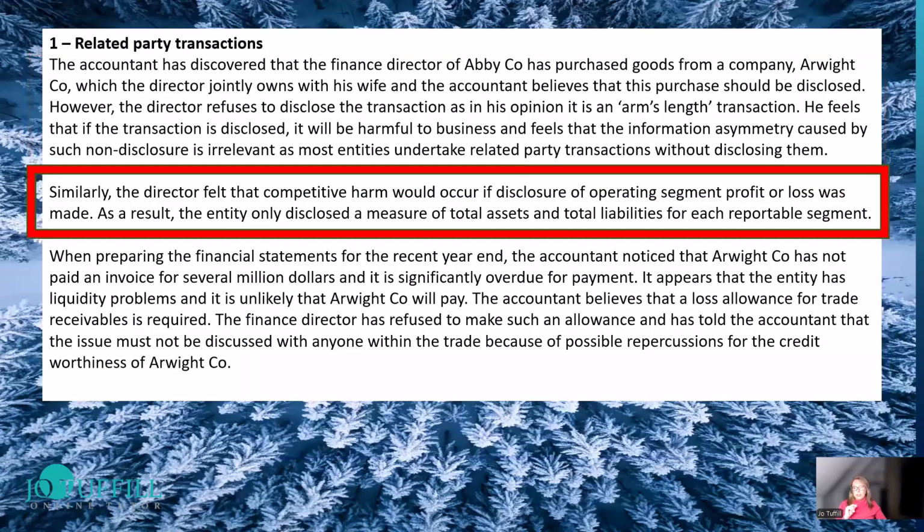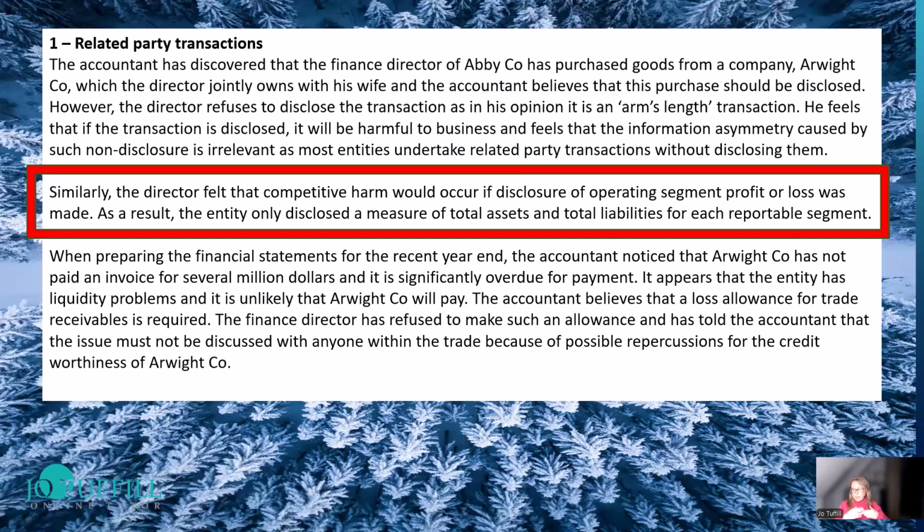The next issue in this segment is the director feels that competitive harm would occur if disclosure of an operating segment profit and loss was made. As a result, the entity only disclosed a measure of total assets and total liabilities for each reporting segment.